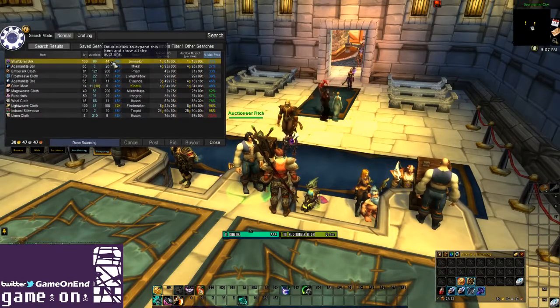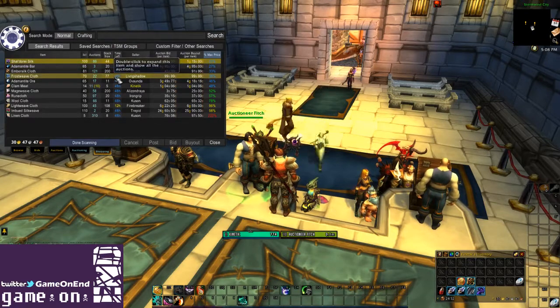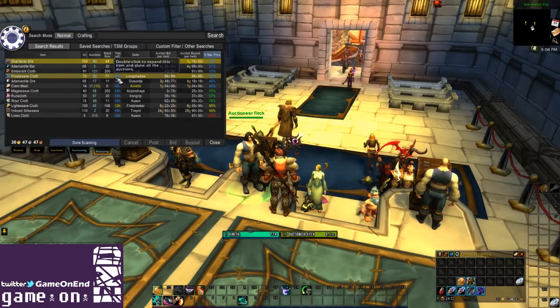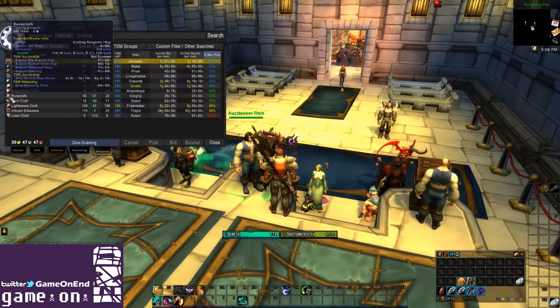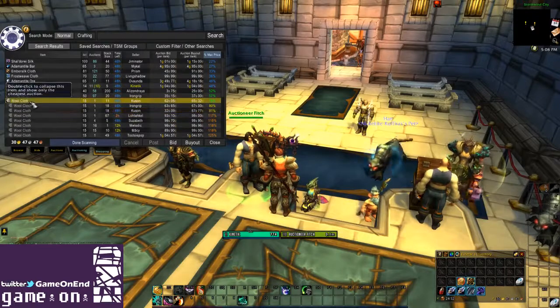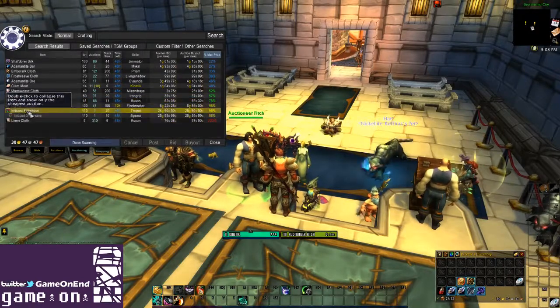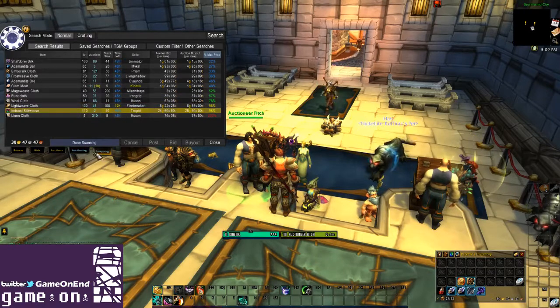Okay, so we've got some big stacks here. We won't have the gold to start buying these out just yet, but we can just watch for some of these smaller ones and see if there's anything that we do have the gold to invest in. Okay, so nothing just yet, so let's get some more items into this group.